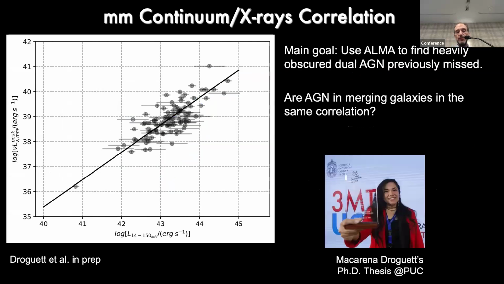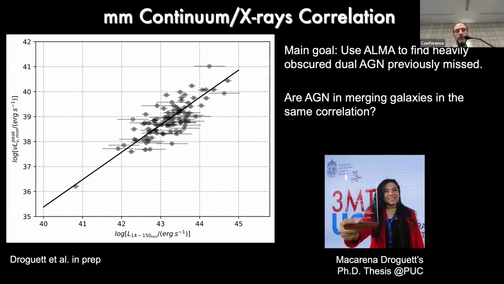Now, establishing the feasibility of these studies and actually observing the sub-millimeter properties of dual AGN is the main goal of the PhD thesis of Macarena Droguett, working with me at Universidad Católica.